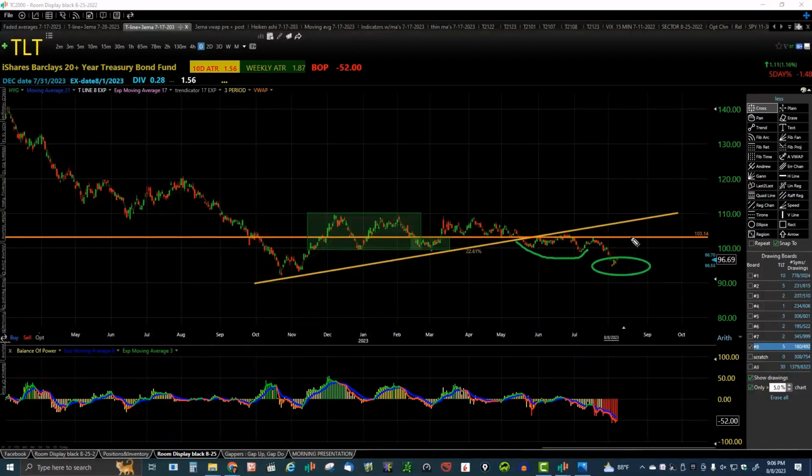Watch for the neckline to get produced somewhere around here, and then the right shoulder to form. So watch TLT for a possible inverse head and shoulders. Nothing's confirmed yet. Nothing really there to play on the bullish side. There's nothing bullish about this at all. So just watch it, but eventually that might play out.